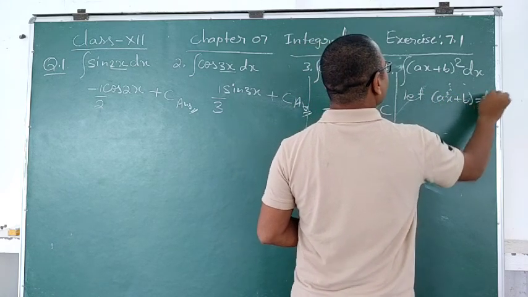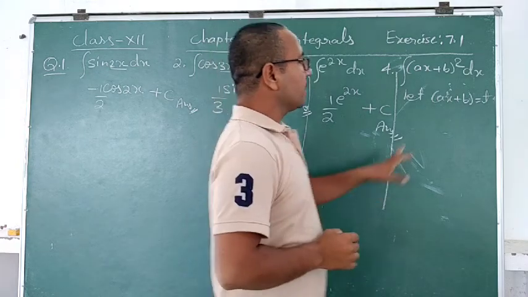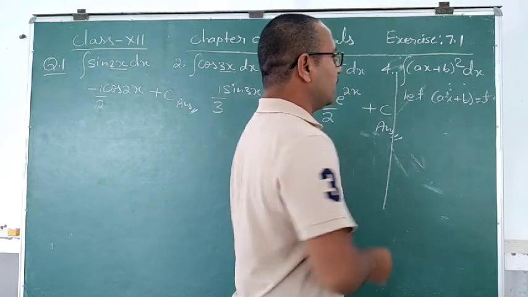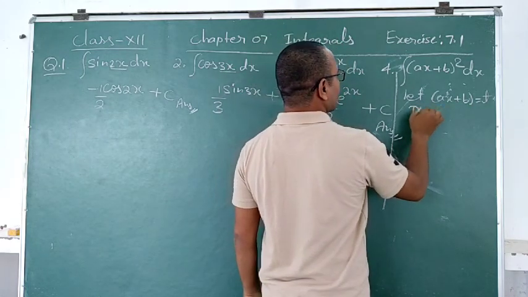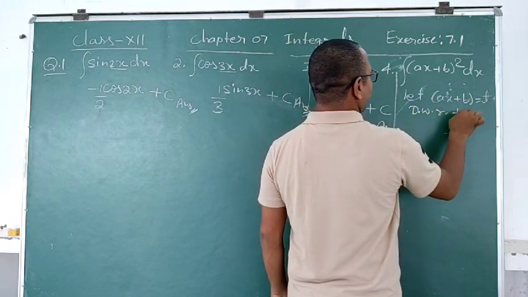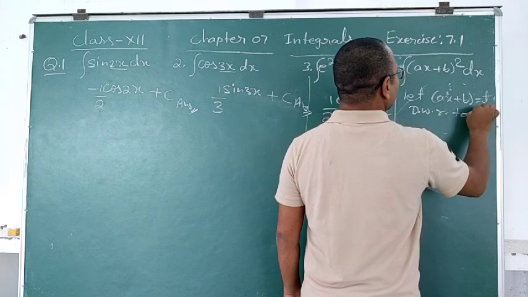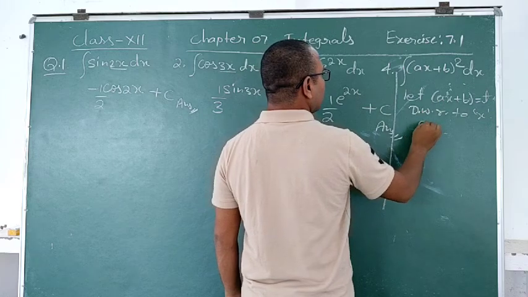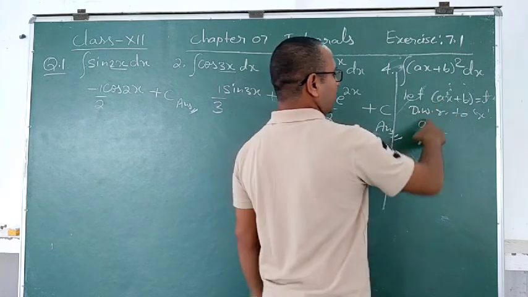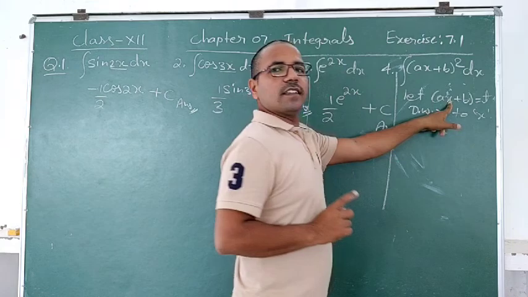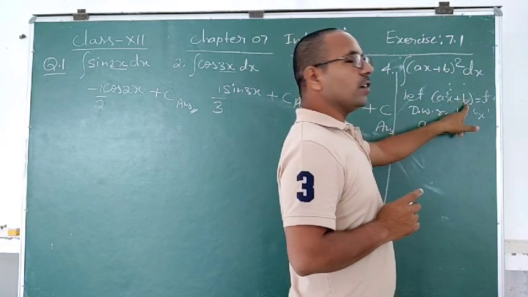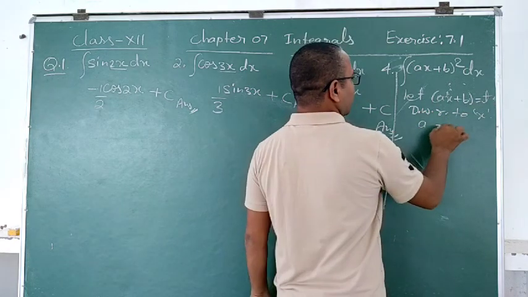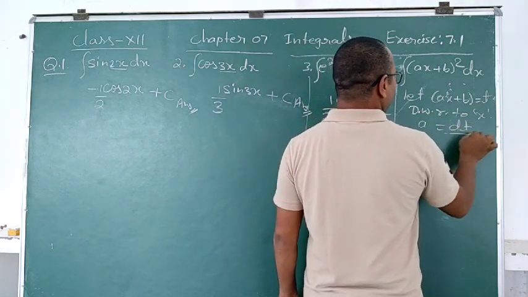After taking this as t, we will differentiate with respect to x. If you differentiate with respect to x, how much will we get? The differentiation of ax, a is the constant, it will come outside, the differentiation of x gives 1, and the differentiation of the constant b gives 0. This is equal to dt by dx.